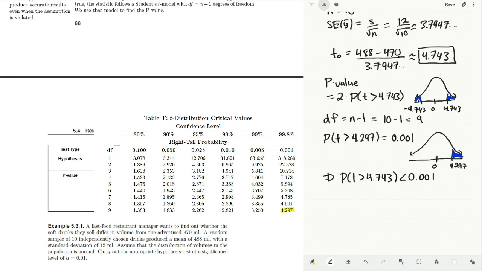Now our p-value will be double this area. So if we multiply both sides of the inequality by 2, we get that 2 times the area to the right of 4.743 will be less than 2 times 0.001, which is 0.002.